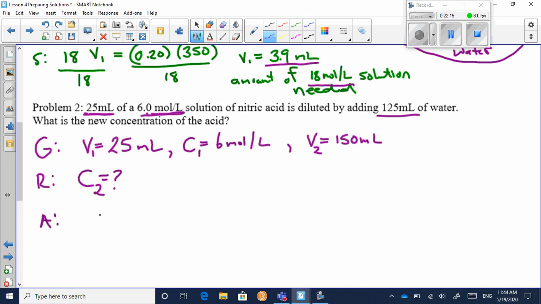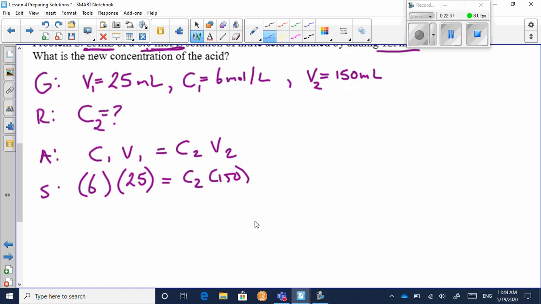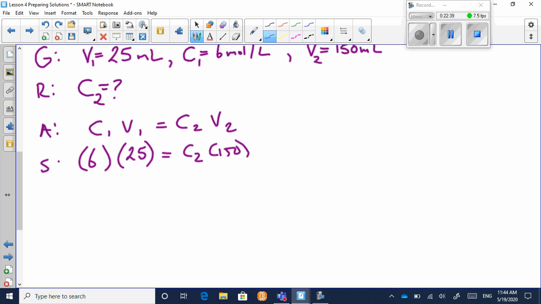Okay, so here we go. Let's use our formula. C1 V1 is equal to C2 V2. Let's plug our numbers in. So we've got 6 moles per liter times 25, and I'm going to leave it as milliliters, but I know my answer will be in milliliters, is equal to C2 times 150. And then I get rid of the 150 by dividing 150 off of both sides.